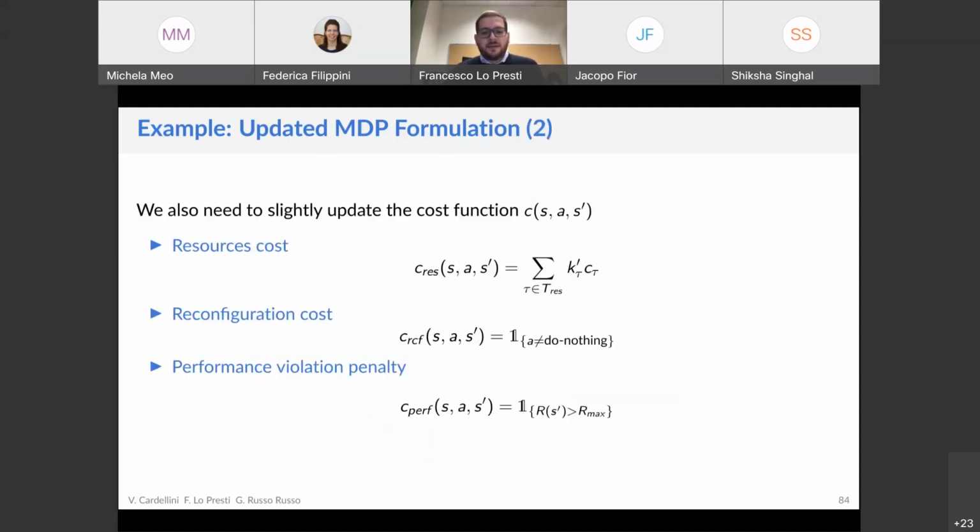As regards the cost function we use in this example, it is almost identical to the one we used before. The only remarkable difference is that when we evaluate the resource usage cost, we need to take into account the specific cost for each different type of computing node that we can use. The other terms, that are the reconfiguration overhead and the performance violation penalty, remain unchanged.